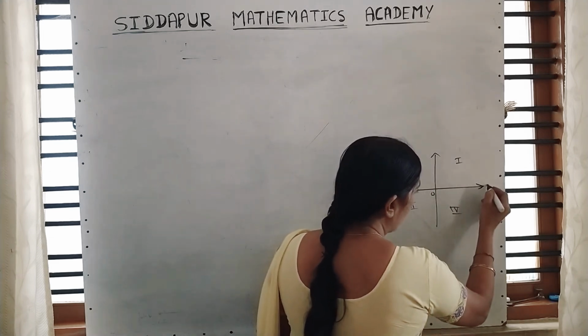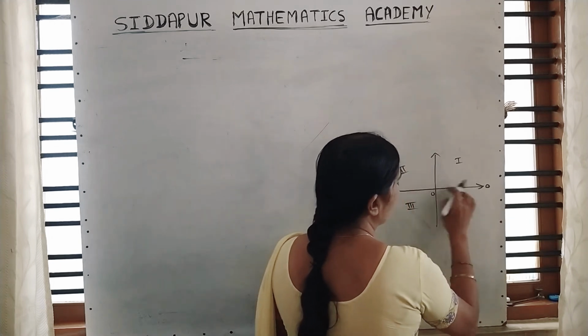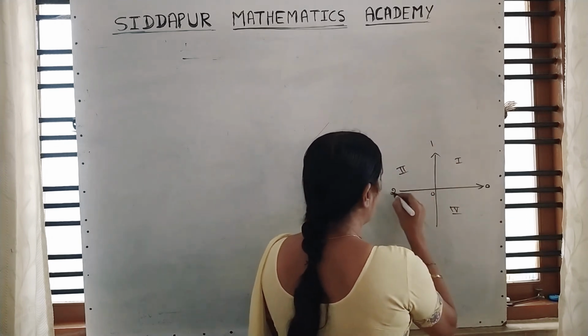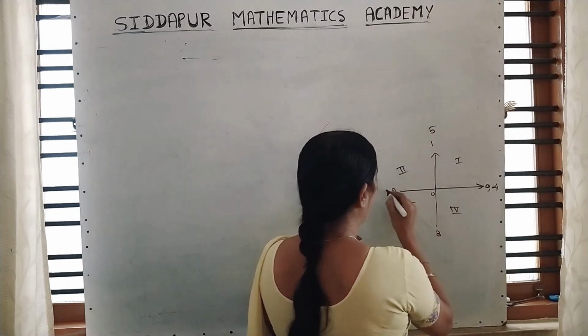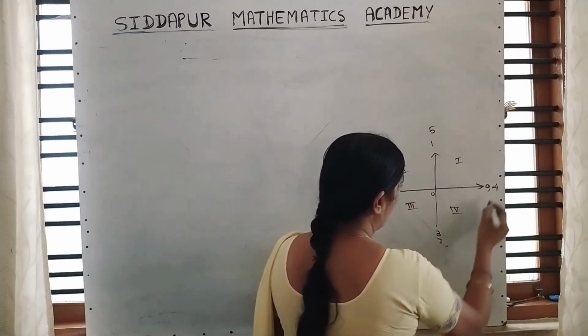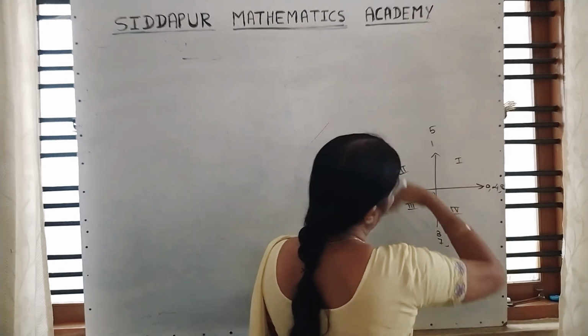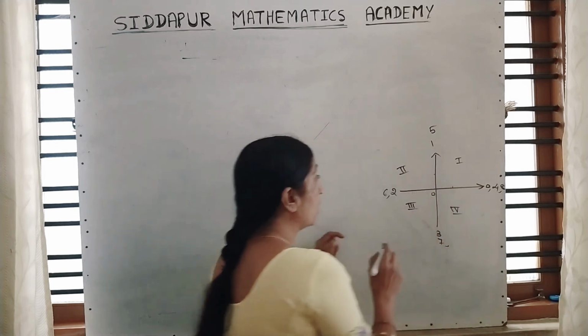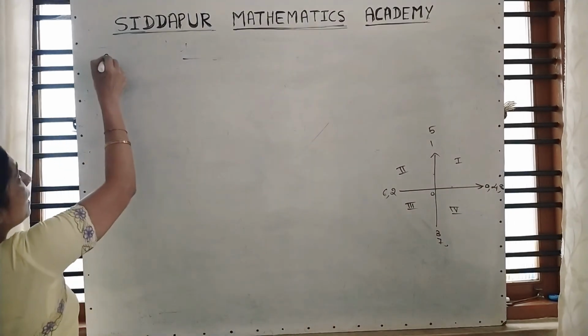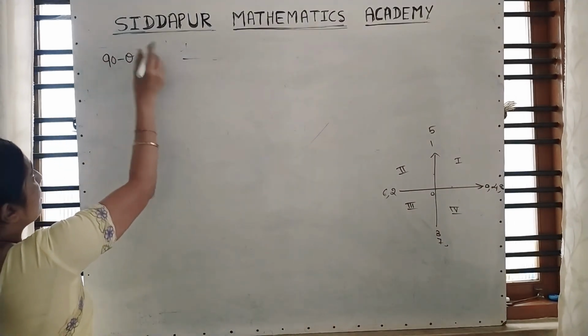Here I am writing the coefficients 0, 1, 2, 3, 4, 5, 6, 7, 8, and it goes on continuing. From here to here it is 90 degrees. And now I am giving you the allied angle 90 minus theta.